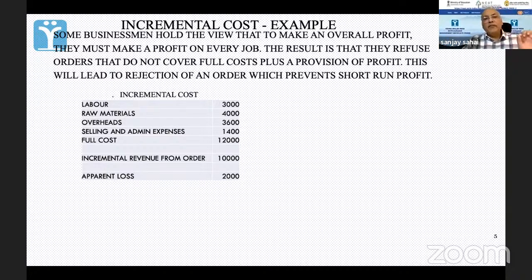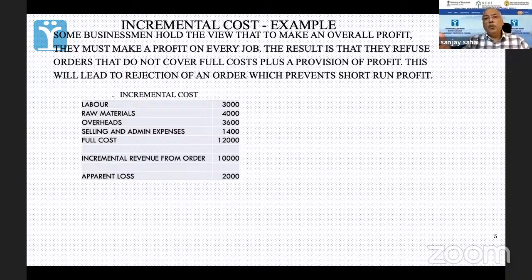Now, if you look at only the incremental cost which was incurred as a result of the extra units that you produced, and there is a situation where you have idle capacity, that means you have the capacity to produce more. The labor is there, the whole selling infrastructure is there, the raw materials, of course, will increase.